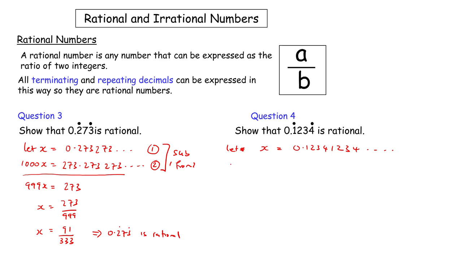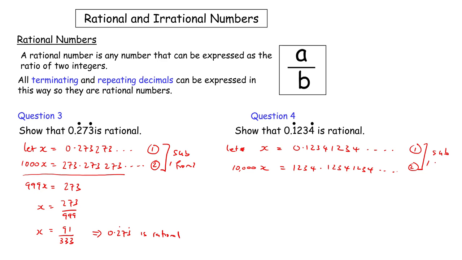That means I need 4 zeros, so I'm going to multiply it by 10,000. So 10,000x, I've got my 4 zeros, is equal to 1234.1234 recurring. That's equation 2, that's equation 1, and I'm going to subtract again.